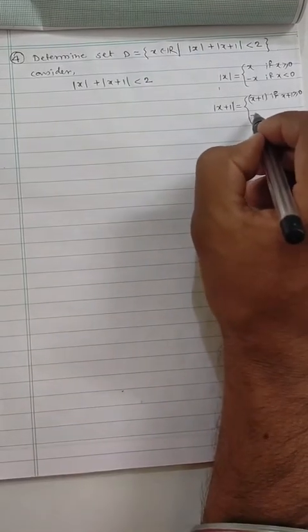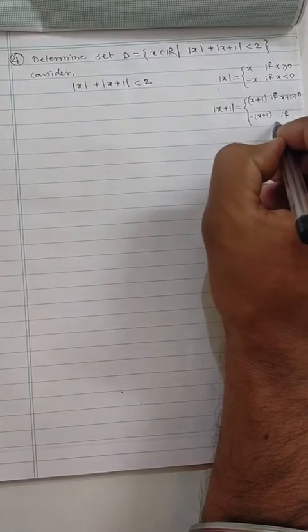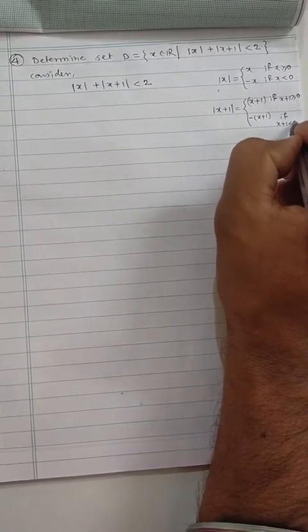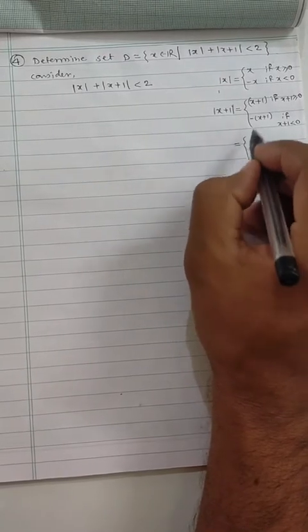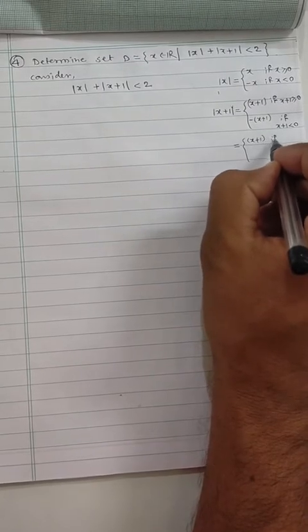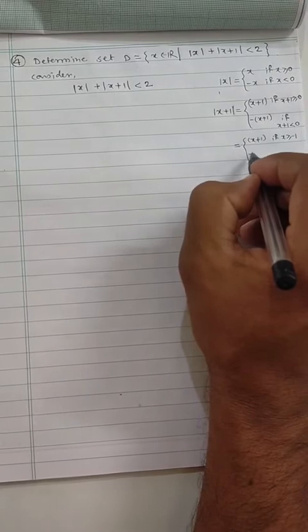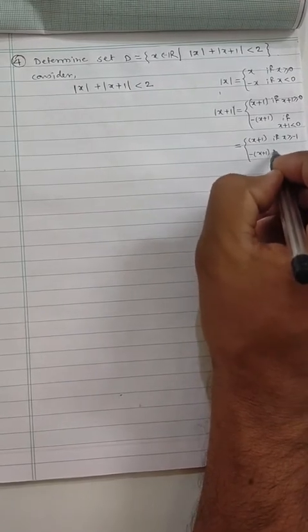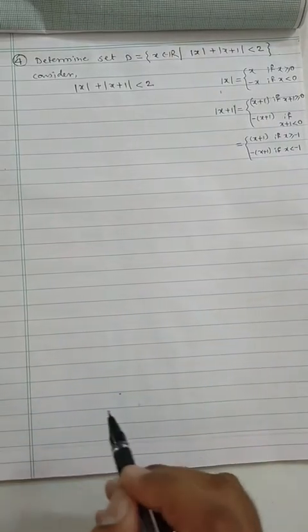And it will be the negative value of x plus 1 if this value is negative. It means what? The same definition: the value will be plus x plus 1 if x is greater or equal minus 1, and it will be minus of x plus 1 if x is less than minus 1, right?